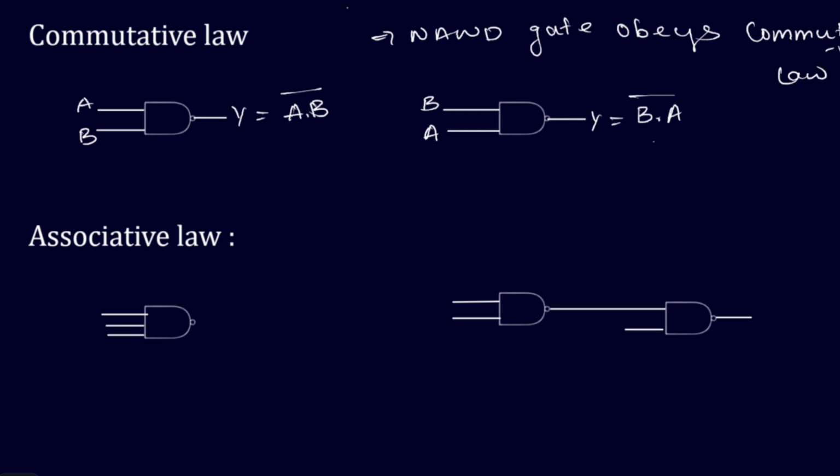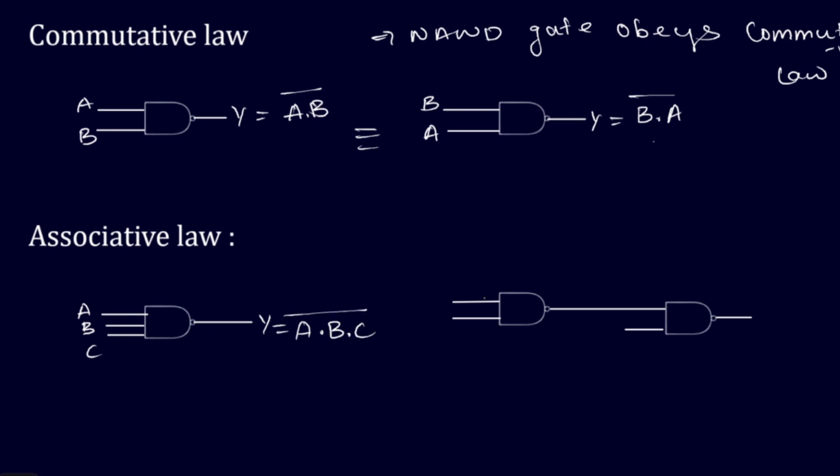So what does associative law suggest? If I have (A plus B) plus C, then that must be equal to A plus (B plus C). So these two must be equal. Let us verify if the NAND gate obeys associative law or not. Here, (A into B into C) whole bar on one side.